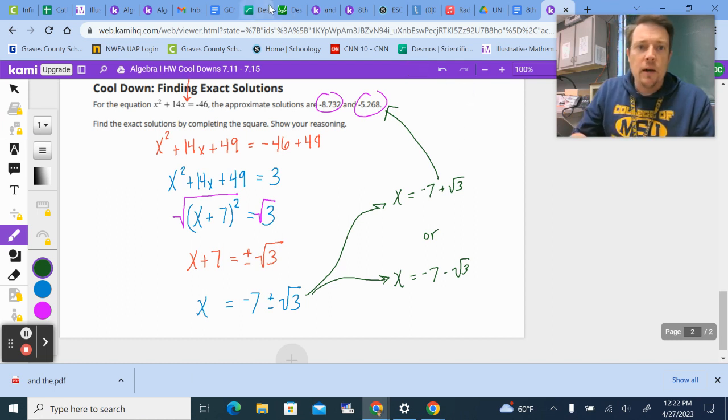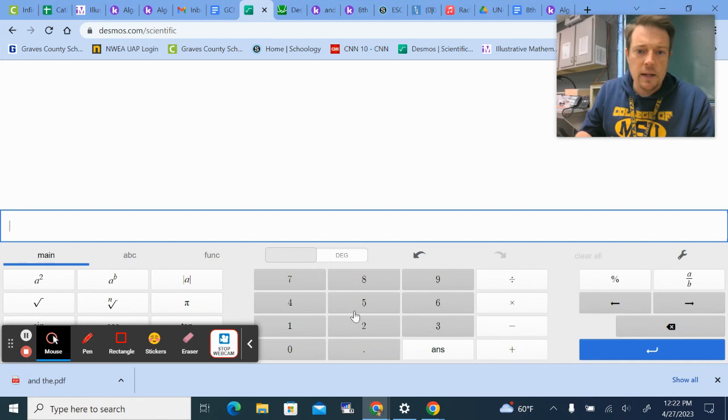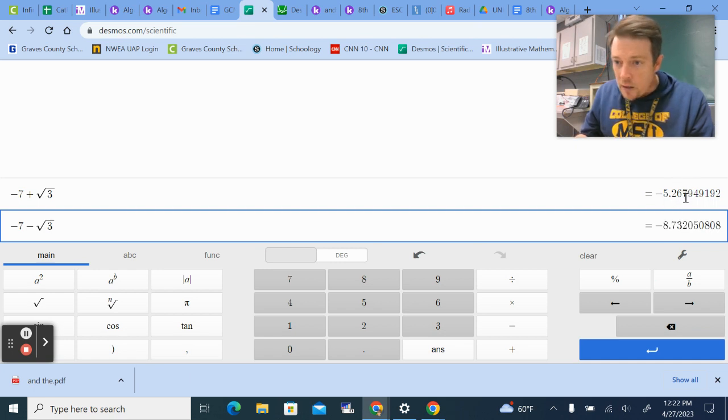Check it out. If I go here and clear all this out, and I take negative 7 and add the square root of 3, you'll see that I get that number that we saw, right? But it goes on longer because this calculator goes more decimal places than the graphing calculator does. And then if I subtract root 3, you'll notice that these are the two answers that we're getting, but they're cutting them off.